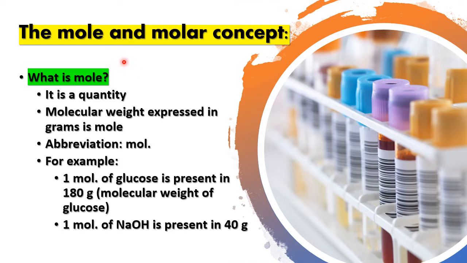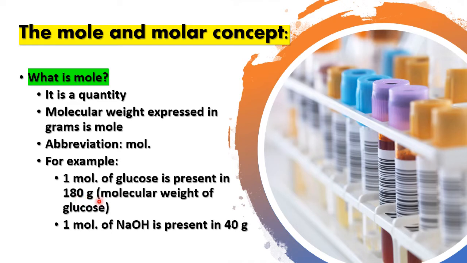So what is the difference between these two? Mole is basically a quantity, and the simplest definition is that molecular weight expressed in grams is a mole, and its abbreviation is mol, not molar. For example, if you want to take 1 mole of glucose, you have to take its molecular weight, which is 180.